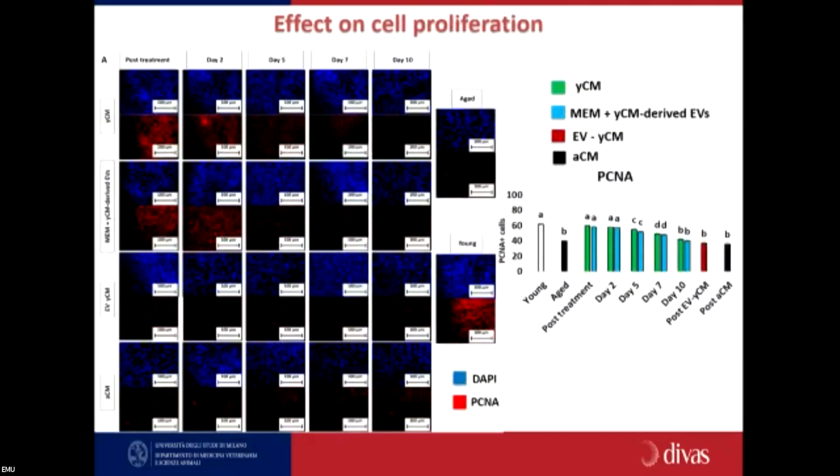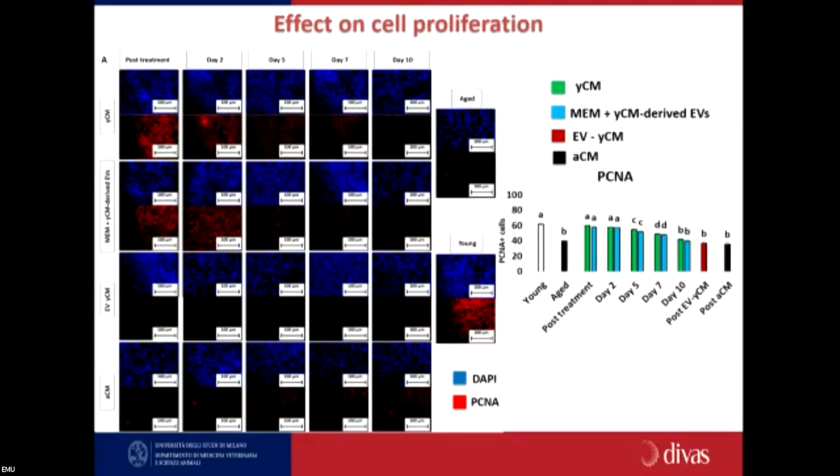We also analyze cell proliferation. So here we can see two different stainings. In blue, nuclei are stained for DAPI, and in red for PCNA, which is one of the proliferation markers. And once again, we detected the same situation.